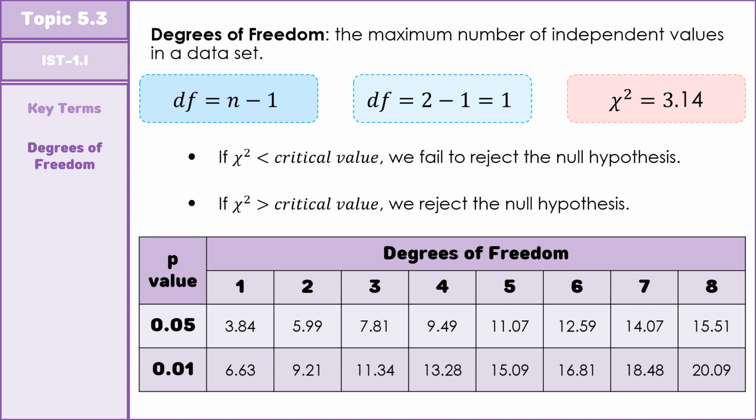And we want to say, is it higher or lower than the critical values that are in our degrees of freedom 1 column? So here we see that we are lower for the p-value or probability value of 0.05, and we are lower than our probability values of 6.63. So since we are lower than both of these critical values, we can say we fail to reject the null.